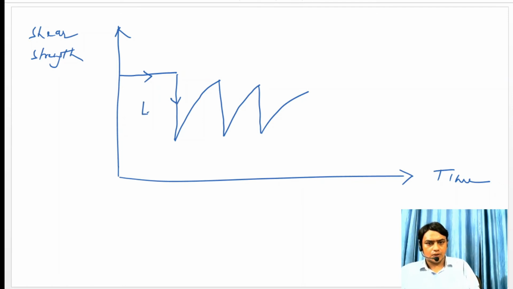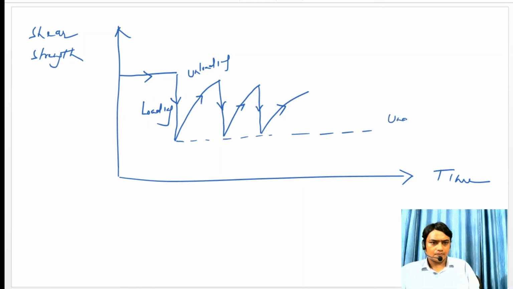So this is loading condition, unloading. Once again it is loading, unloading, loading, unloading. So we can see that once it is loading, strength is losing, and after certain time, once again strength is gained after unloading. And this state is called undisturbed. So this phenomena is called thixotropy.